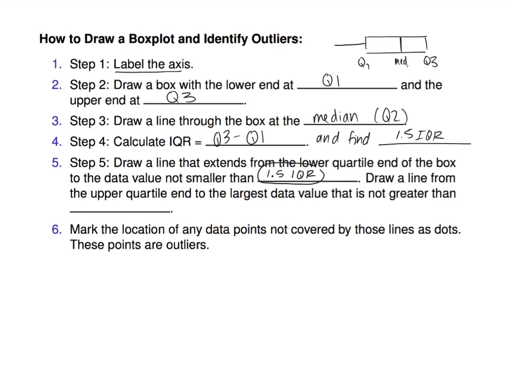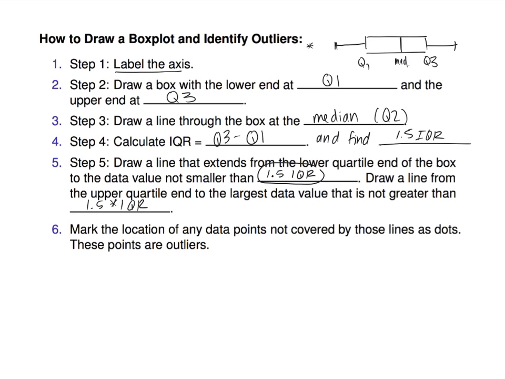And you don't go further above Q3 than the same amount, 1.5 times IQR. So you go down to that value, you go up to this value, and there's some strange person out there as a dot or a star. So mark the location of any data points that are not covered by these lines as dots and make them pretty obvious, like dark, so someone can see them.